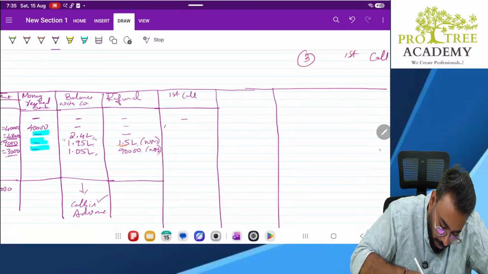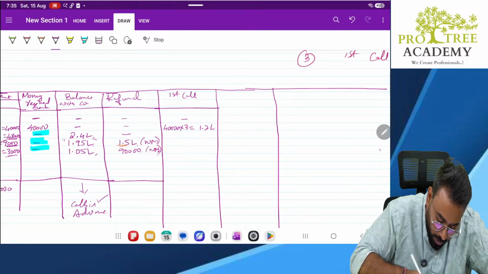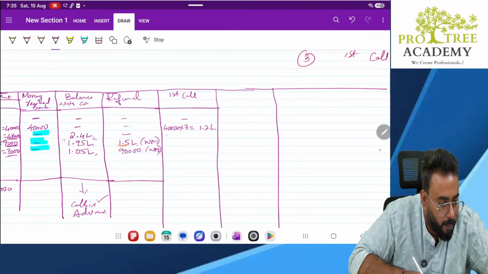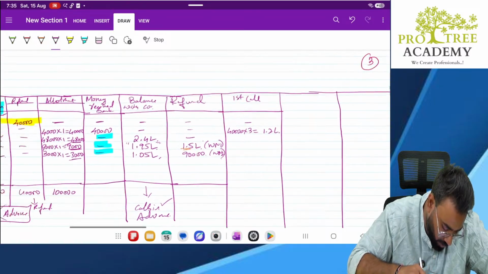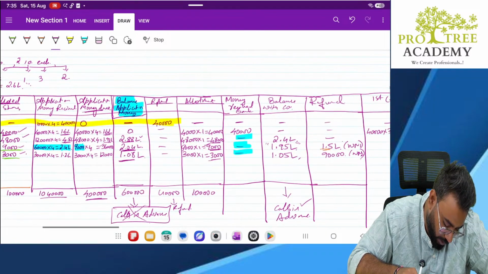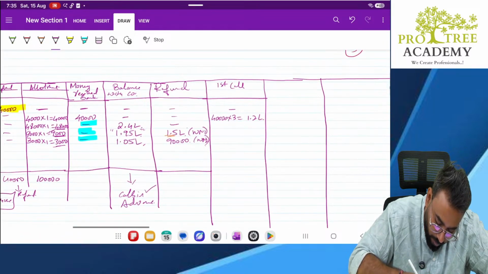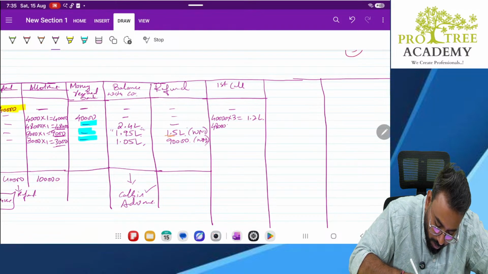On this, 40,000 shares into 3 rupees, 1.2 lakhs. Here, how many shares were allotted? 48,000 shares. 48,000 shares into 3 rupees.